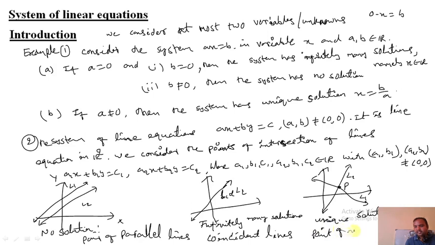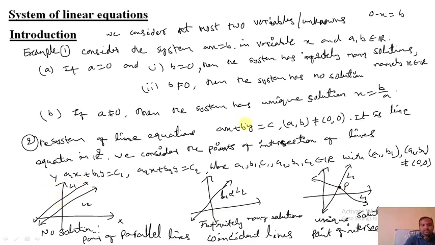These are intersecting lines, with P the point of intersection. This is the geometry in the plane. When the two lines are coincident, infinitely many solutions. When they intersect at a single point, a unique solution. When they are parallel lines, no solution.